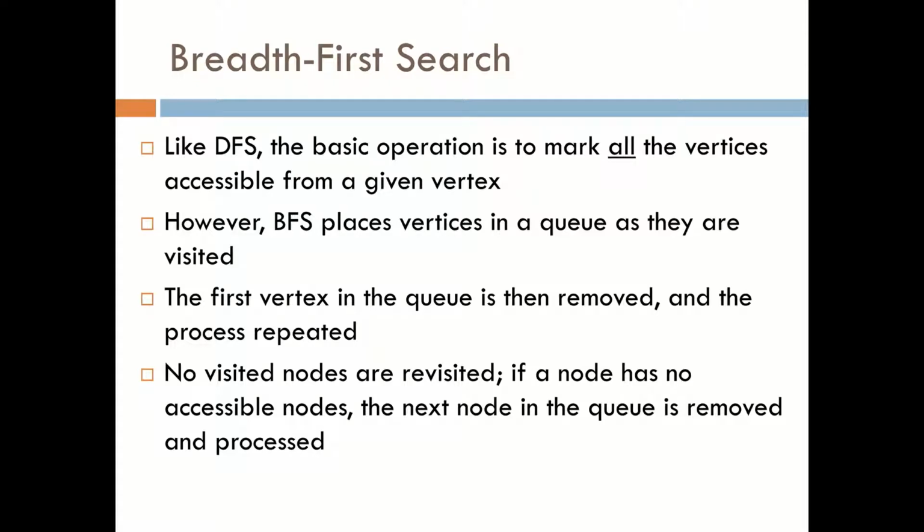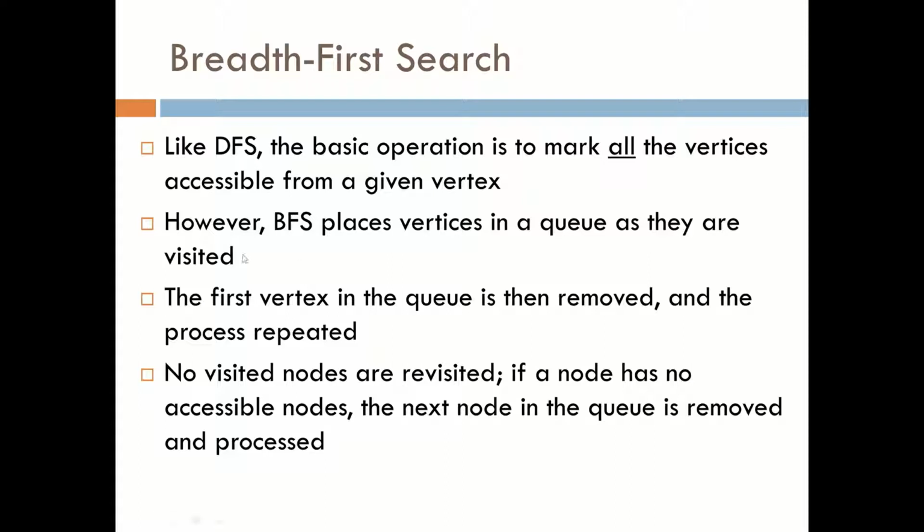Breadth first search is another graph traversal method. Now, like depth first search, the basic operation here is to mark vertices as they're visited and to output them or to process them in some order.